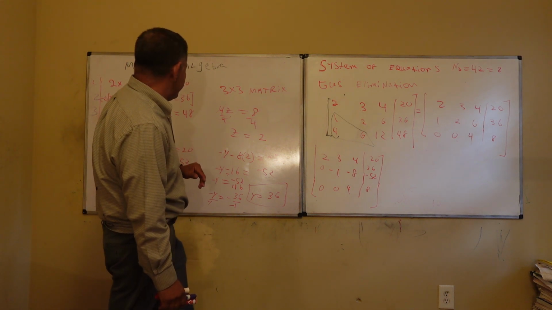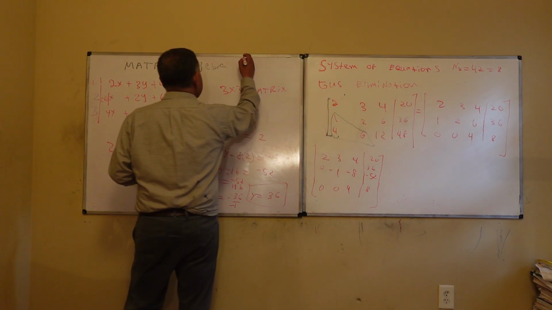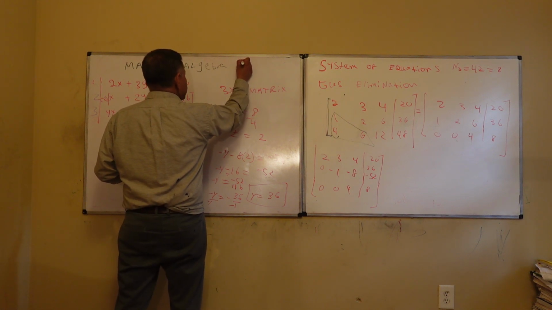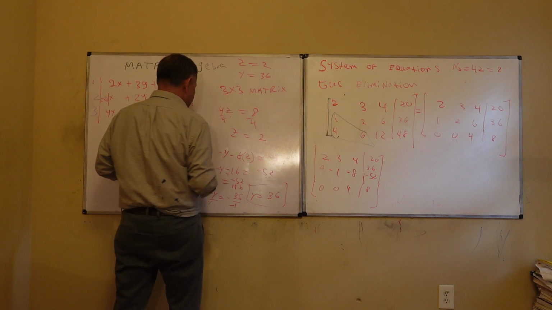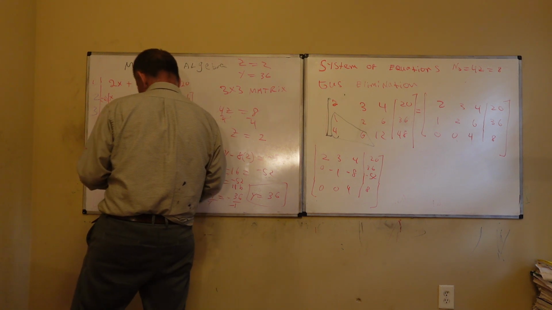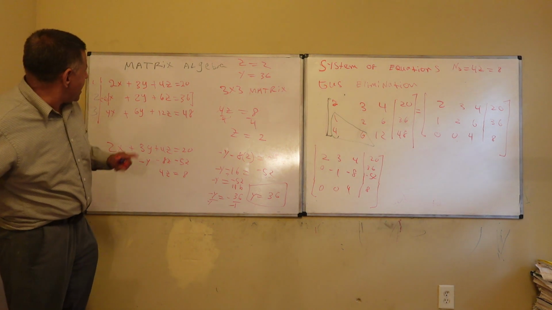So now we have two values. We have z is equal to 2 and y is equal to 36, right? Now with these values, let's find x.